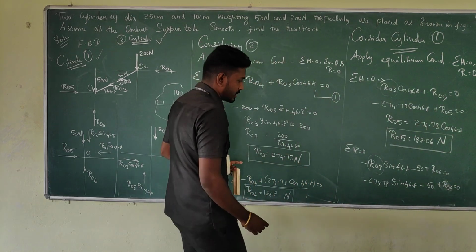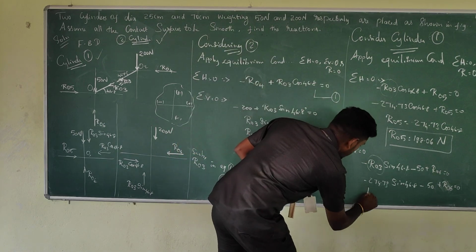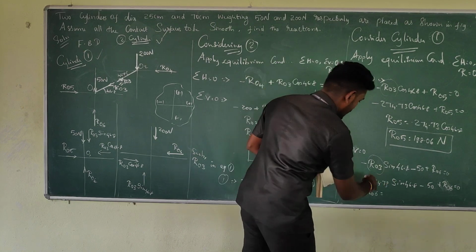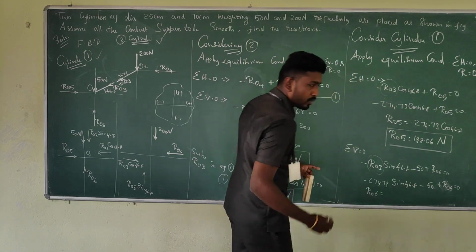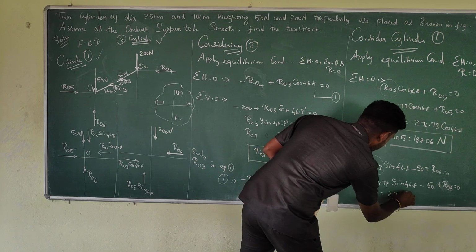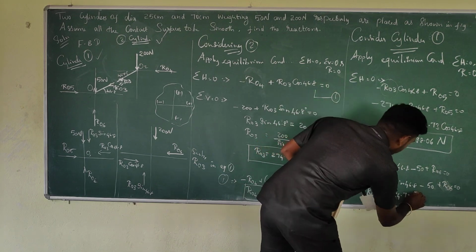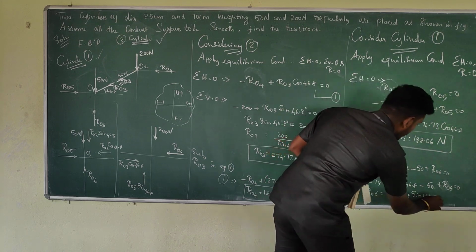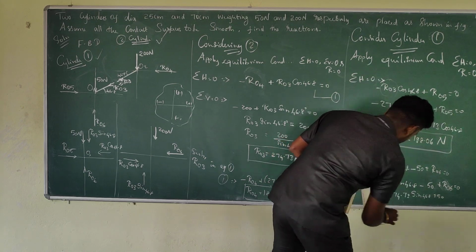If we do this simplification, I can say RO6 will become, if we take this magnitude of force on the other side, 274.73 sine 46.8 plus 50.